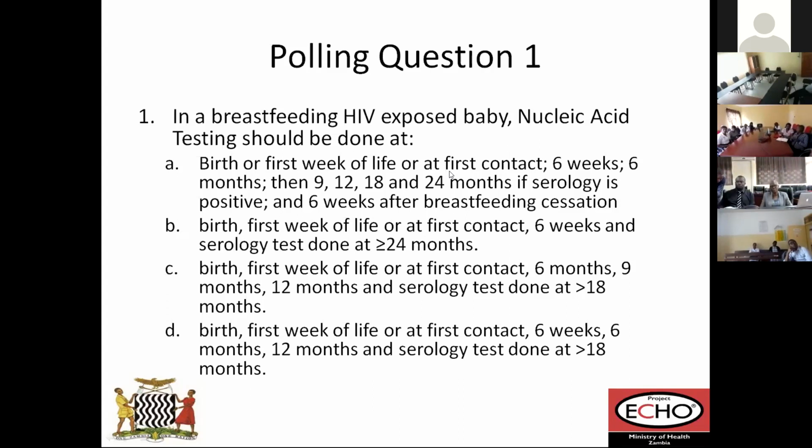I think we had the majority of the votes for that answer, and that should be the correct answer. In our new guidelines, we are testing at birth. That's an inclusion which wasn't there in the old guidelines. And we've also extended the testing to go beyond 18 months to have the last test being done at 24 months.